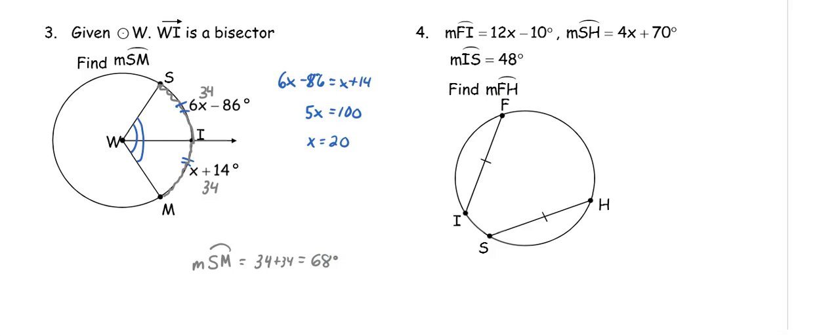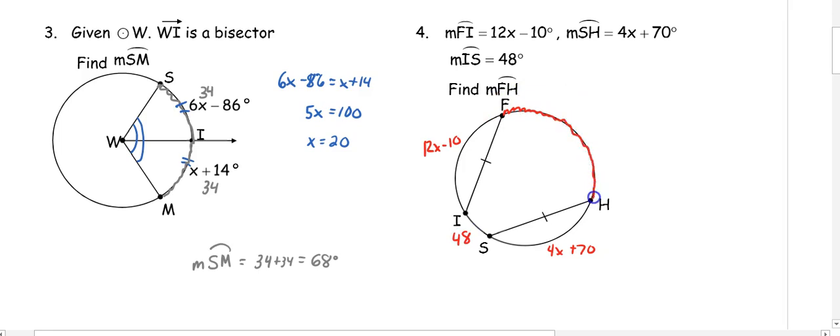Number 4, we know that arc FI is 12x minus 10, SH is 4x plus 70, and IS is 48. At the end of this, we want to find what the arc FH is. So in order to do that, first thing we want to do is find x. So we would have 12x minus 10 is equal to 4x plus 70. So we get 8x equals 80, x is 10.